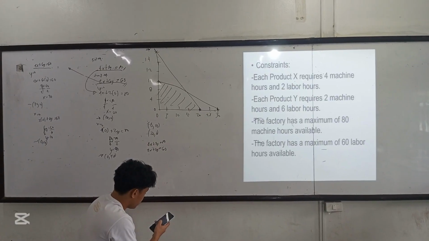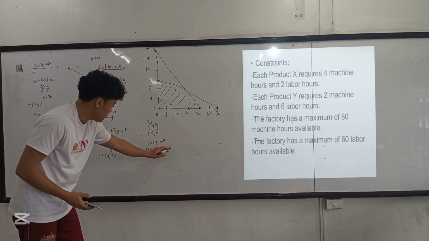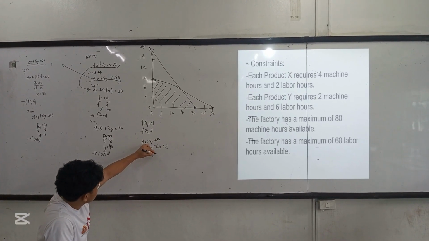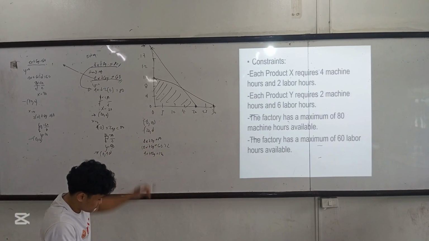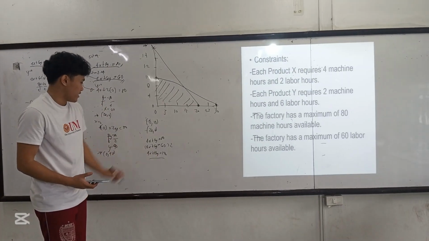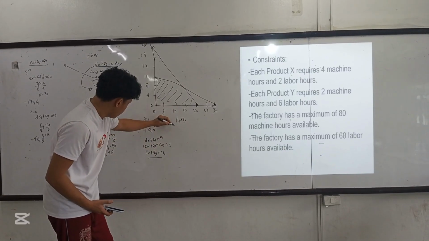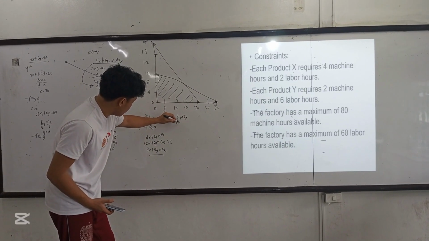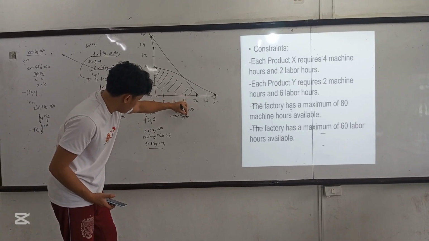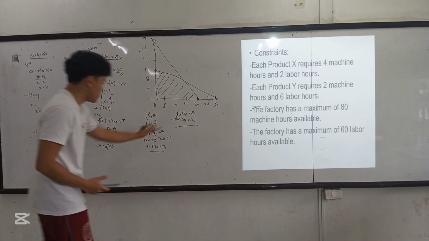Then multiply the second equation by 2, so we have 4x plus 12y equals 120. Then we subtract the first equation from the second: 4x plus 12y minus 4x plus 2y, 120 minus 80, so that comes to 10y.